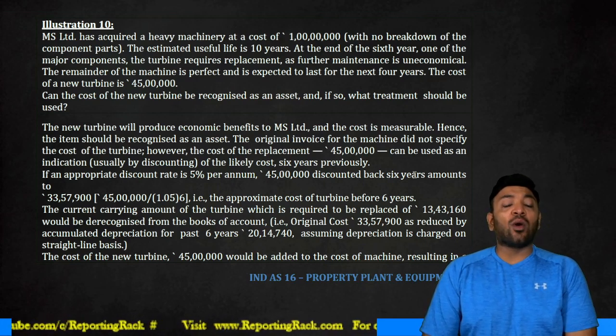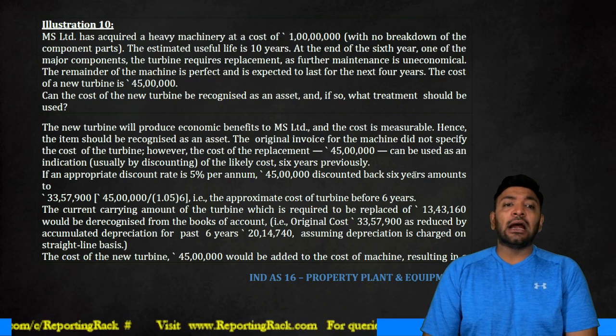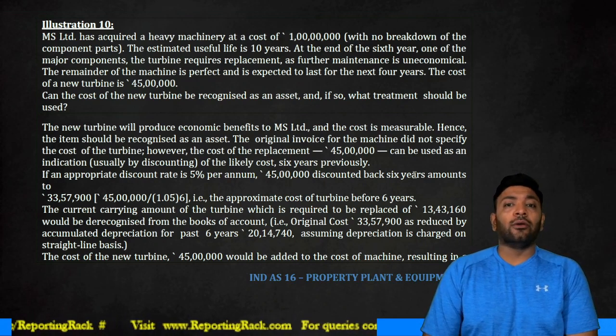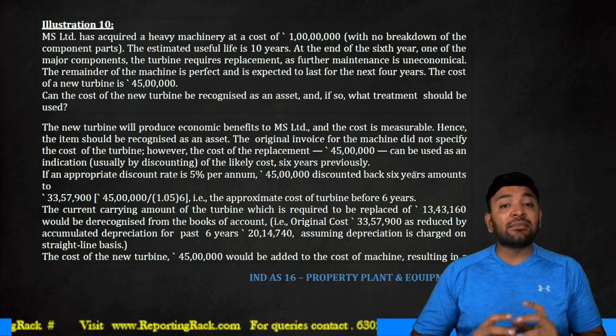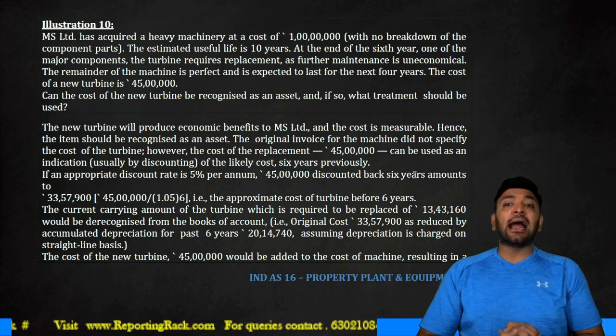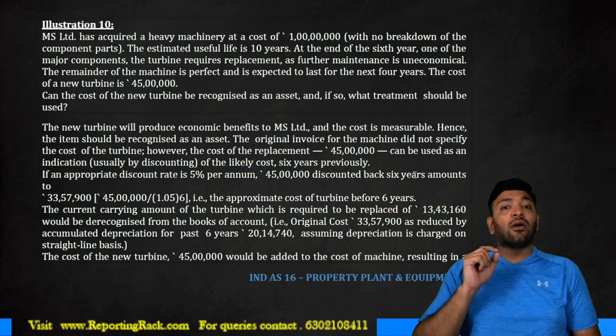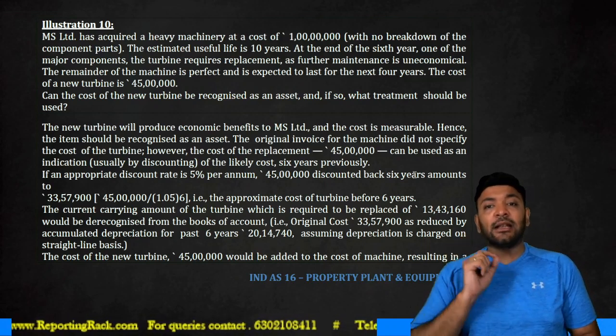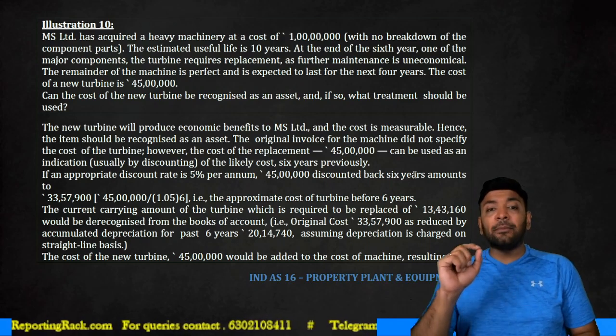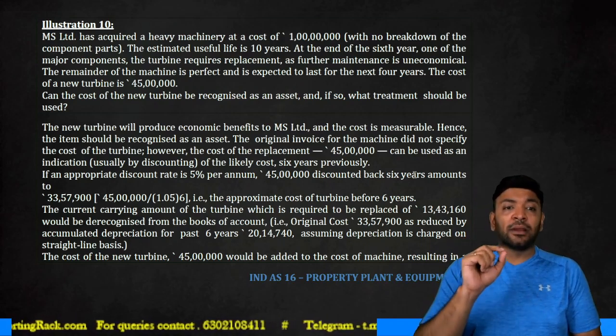MS has acquired a heavy machinery at a cost of 1 crore with no breakdown of major components. The estimated useful life is 10 years. At the end of 6th year, one of the major components, the turbine, requires a replacement as further maintenance is uneconomical.